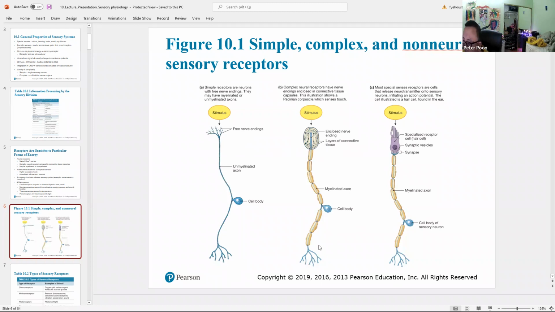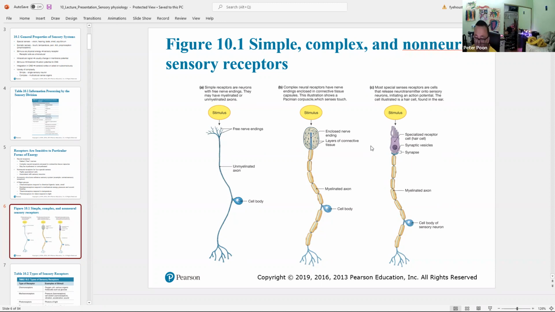And lastly, this is how you really modify stimulus. The synapse has to work the same way as this one, but you can put a cell on top that absorbs whatever type of stimulus you're interested in receiving.